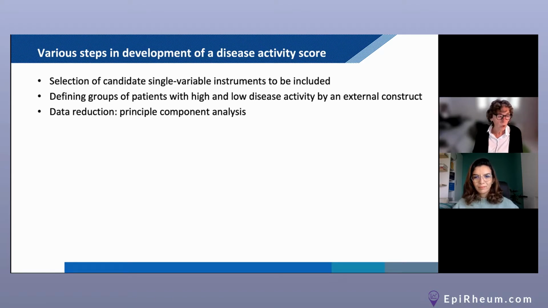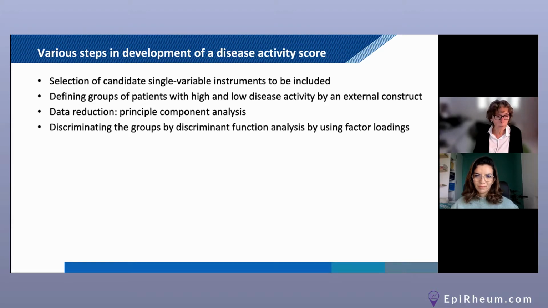Thereafter, you have to do a form of data reduction because you have many single variable instruments. You cannot take them into account all together. So therefore, you do first a principal component analysis, and you get several factors, for example, 5 factors, and the different variables load on those factors.